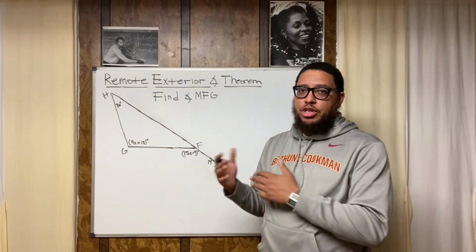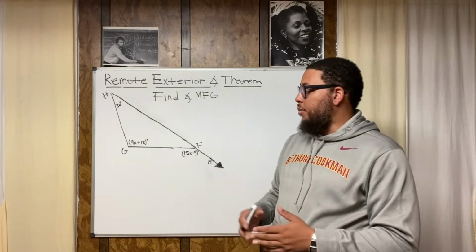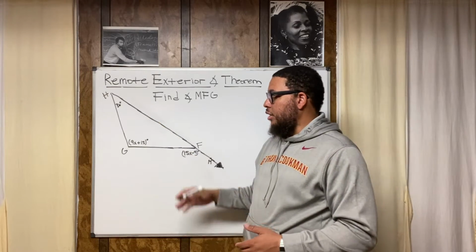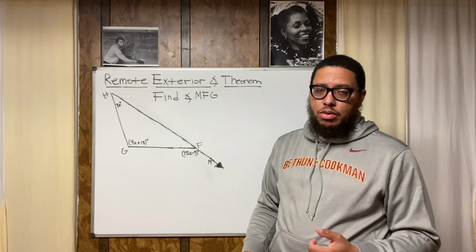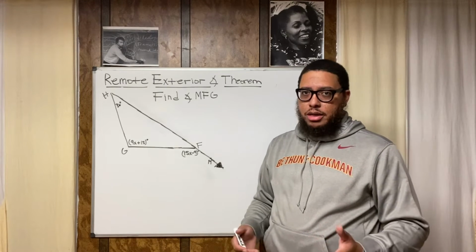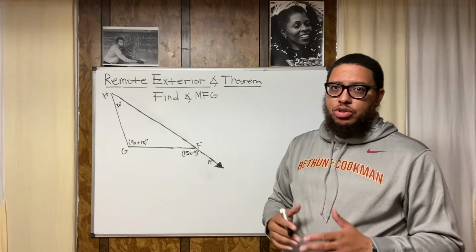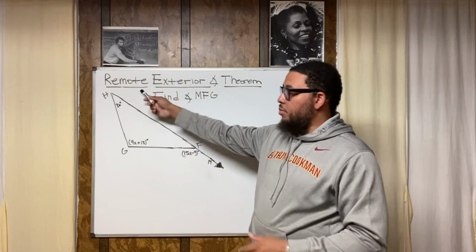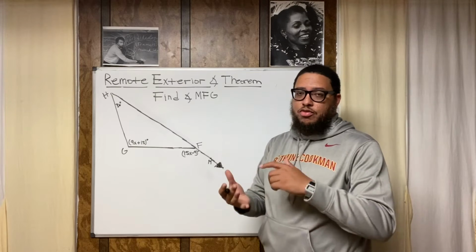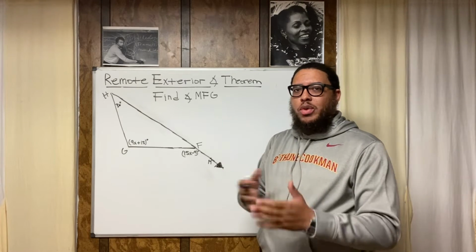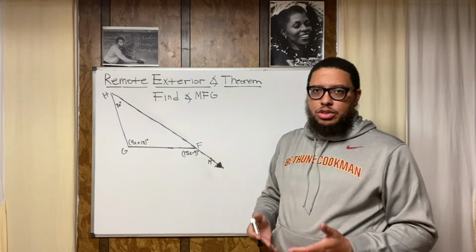You're going to have to be familiar with all these theorems and then be able to look at diagrams that you're given and look at the relationships between the angles and be able to figure out what theorem you're going to have to use. All right, so make sure you're ready for that. Make sure that you're planning for that, because you're not always going to be told up front what theorem you've got to use. So make sure you become familiar with the theorems and you know when to use them in a given situation.